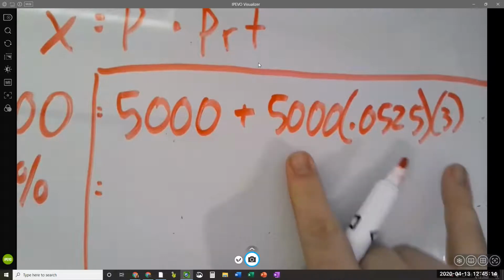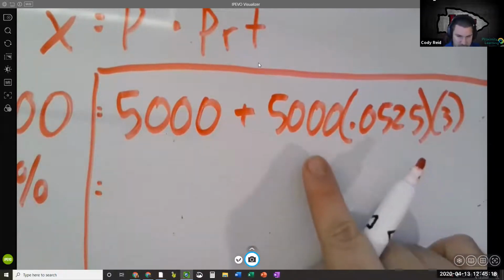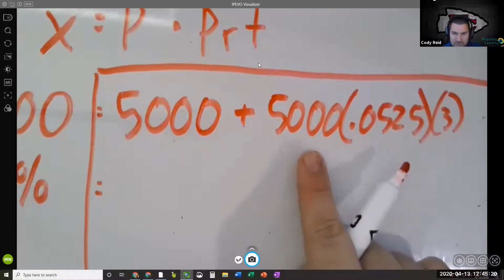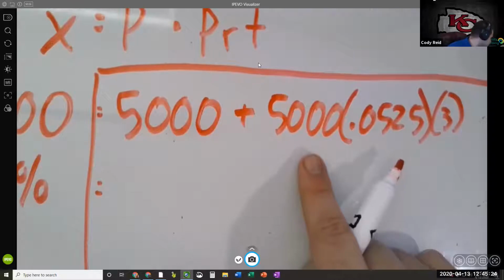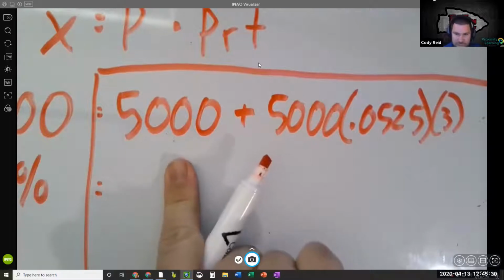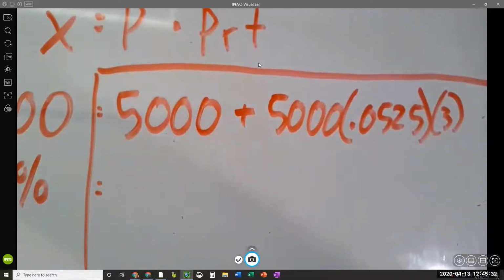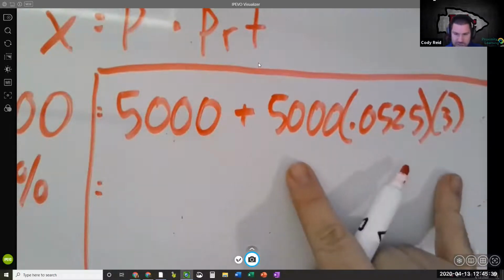In order to discover this, we multiply by how much we started with. And since the question asked how much money is in the account after 3 years, that includes the amount of money we started with. If it had asked how much interest you earned after 3 years, we would just do this.